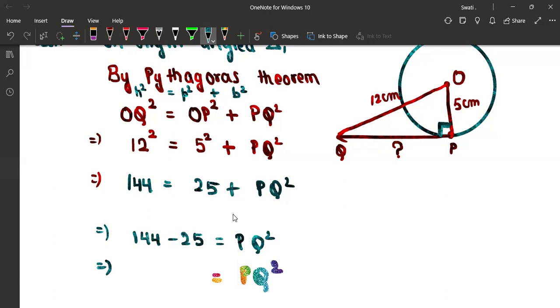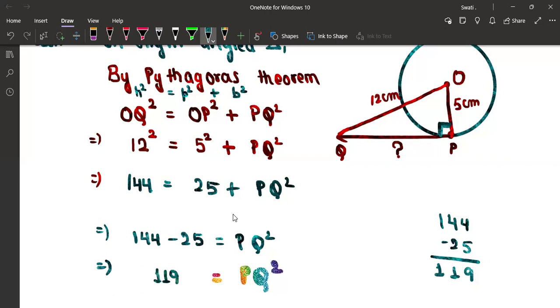Or if you're having any difficulty, feel free. Okay, no worries at all. So you are able to subtract 144 minus 25? Of course, 14 minus 5 is 9, 3 minus 2 is 1, because that has become 3. Are you getting 119 only? Okay, so the answer is 119.